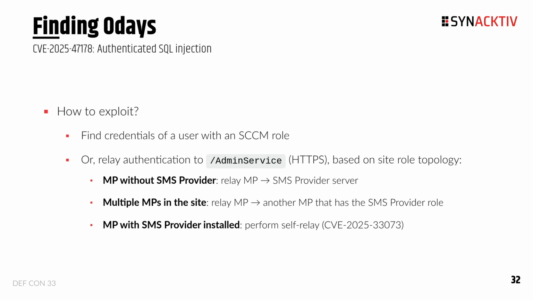First is obtaining credentials for a user having any SCCM administrative role. But this is not that easy on an engagement. Otherwise, you can perform authentication relay against the admin service API, on which EPA protection can't be required.